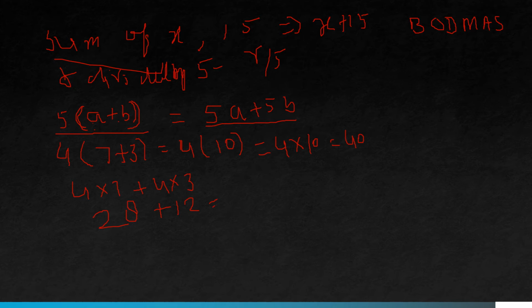If we add 28 plus 12, it is equal to 40. So the same expression you can solve by two methods, right? The answer will remain the same when we apply either method. This is how you can solve equations with parentheses, right?